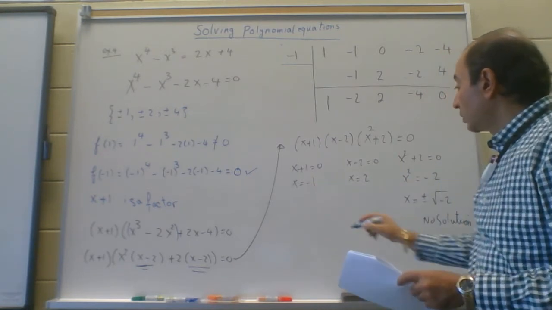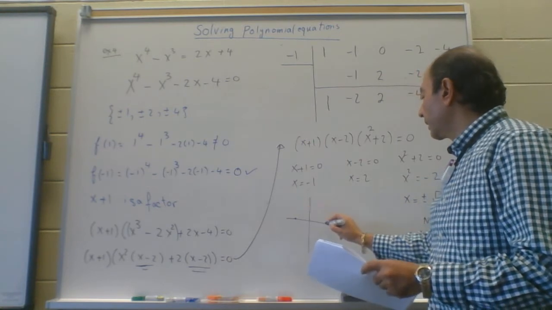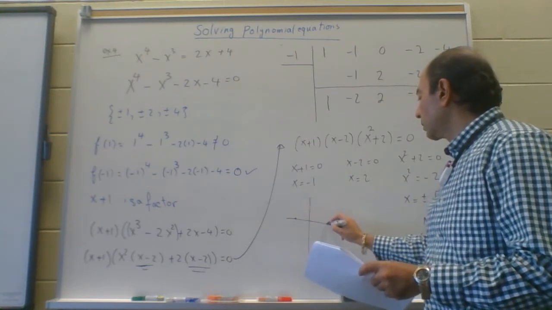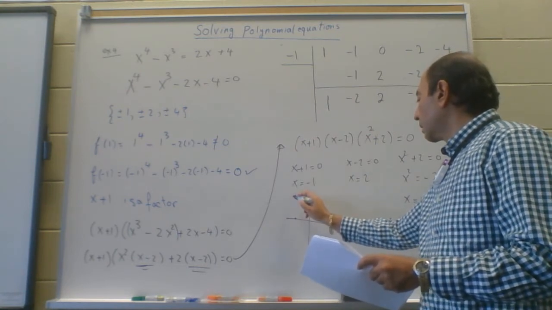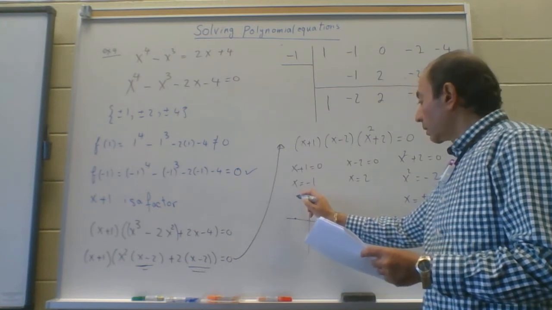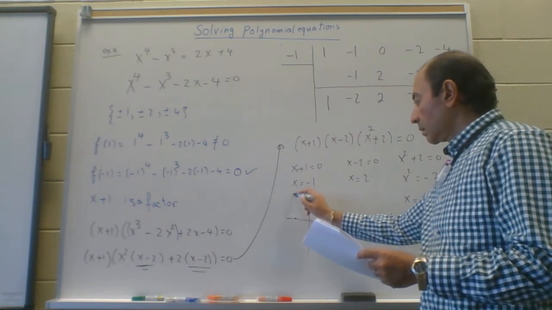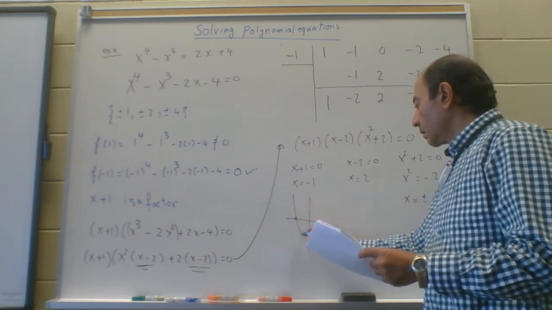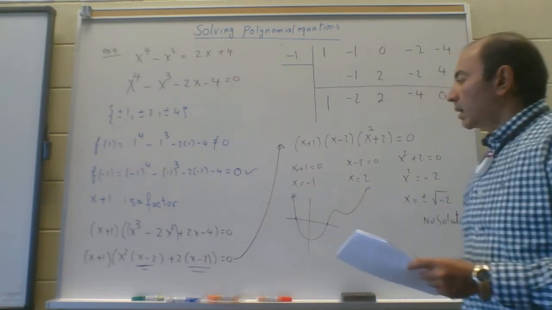It has two unreal roots, one unreal root. So 1 and 2. So it should be something like that.